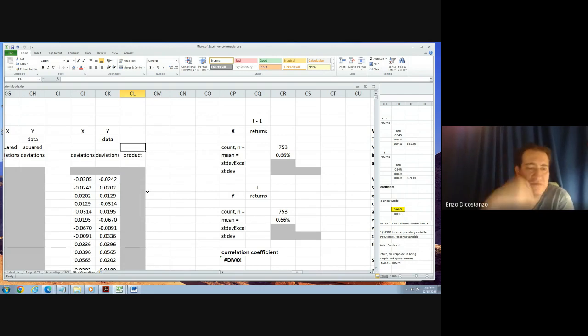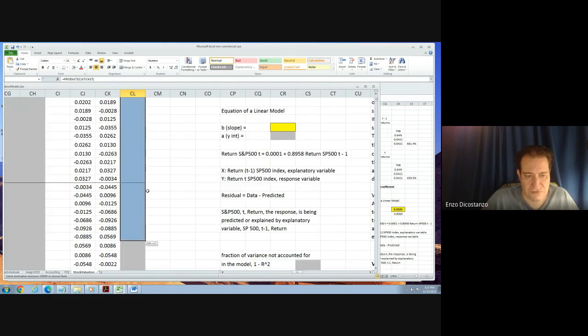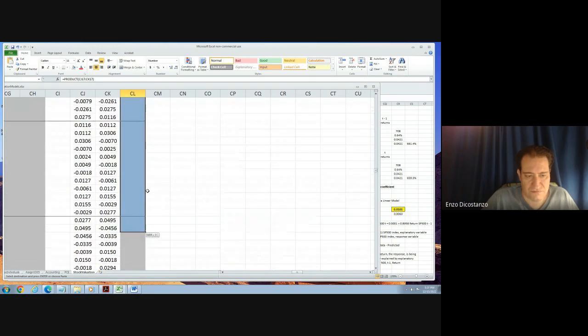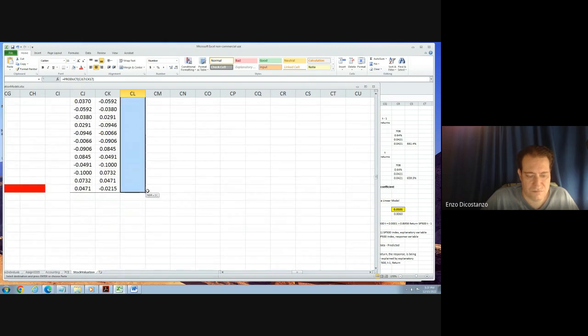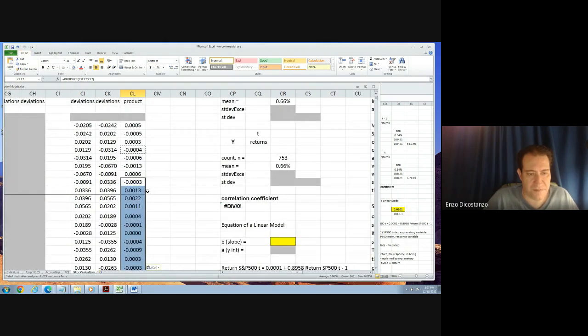And now we have to work out the product of this. So equals product. That range. And you can see the numbers are going to get smaller, it takes two small numbers, multiplies, gets a smaller number. Okay. Copy this. Alt HV formula.